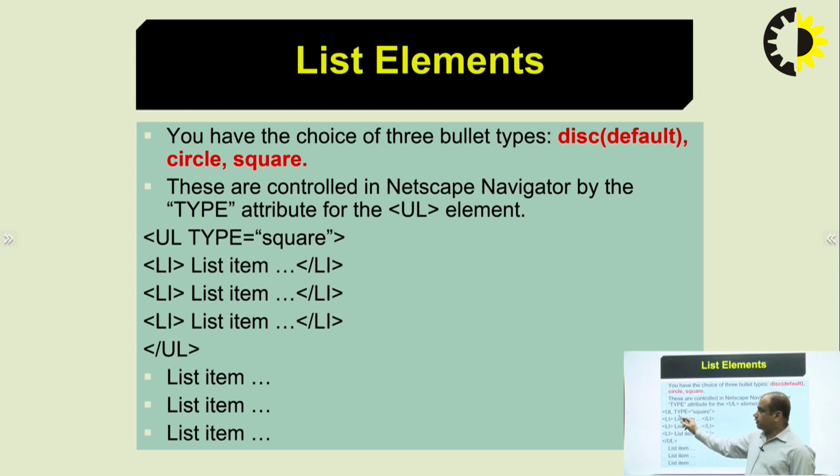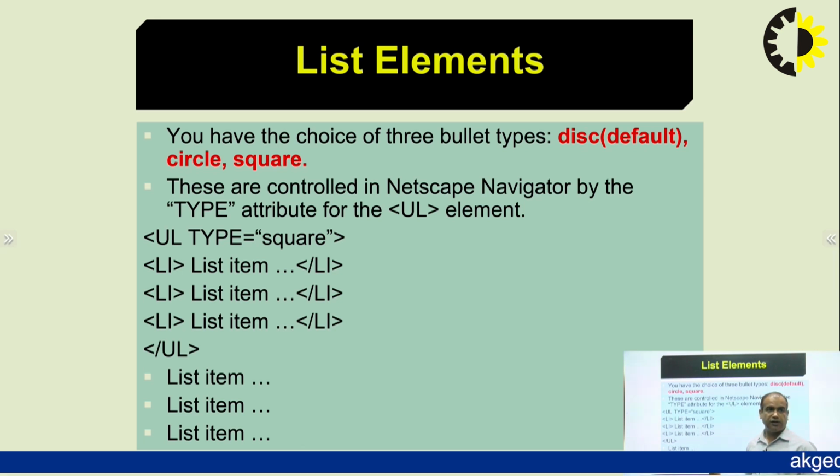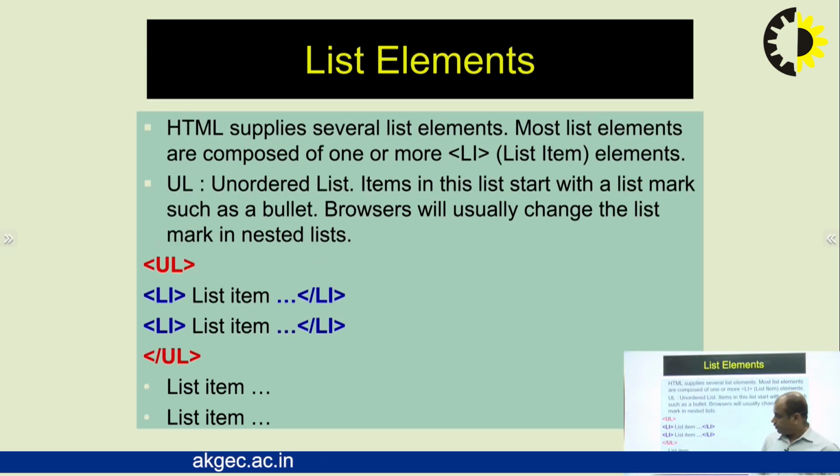I will write UL type equal to square, circle or disk. Here I represent it with square. You will see the rest of the thing will remain the same, and the list marker will change to square instead of the earlier bullets.